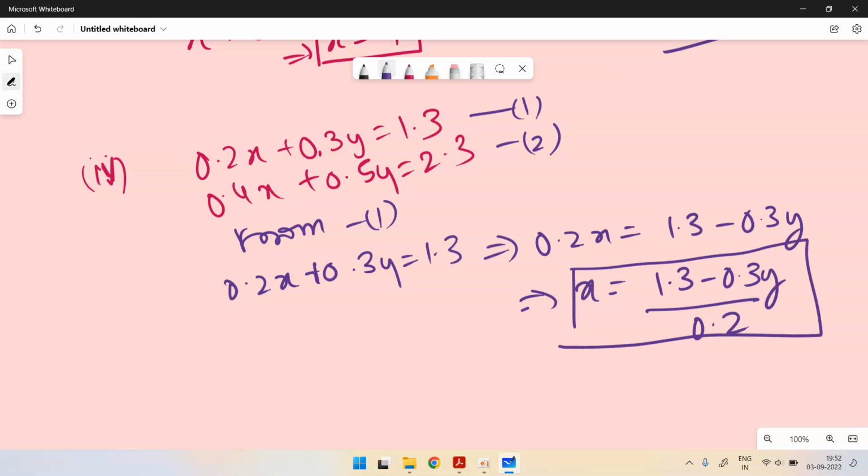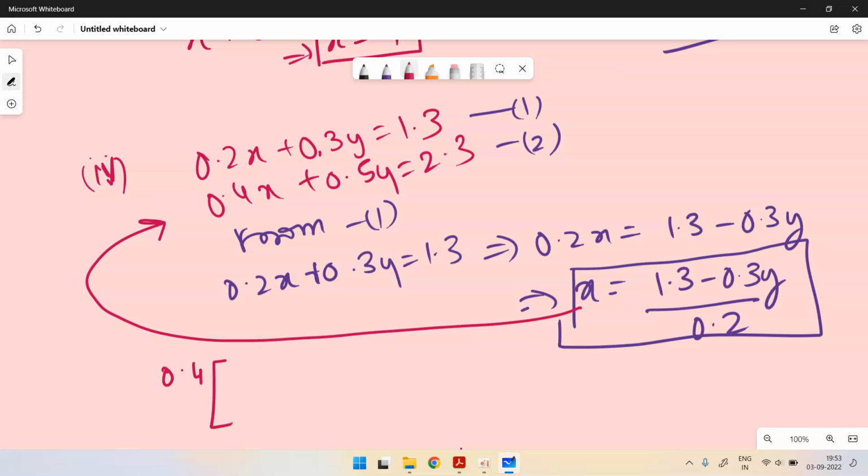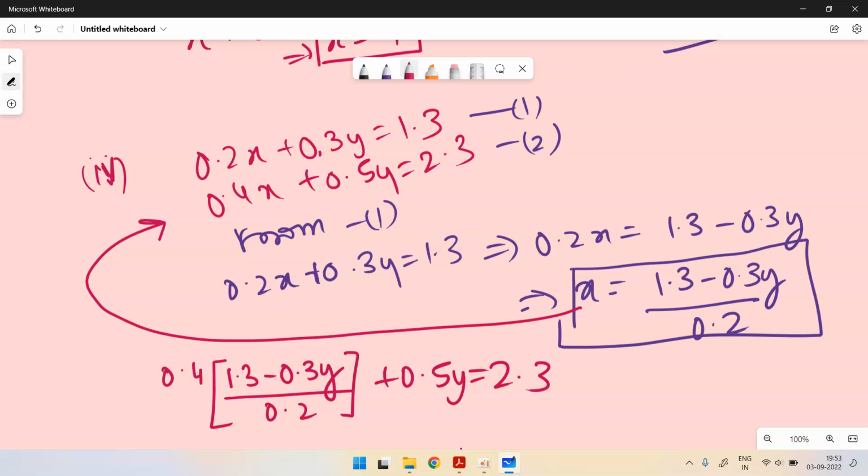This is the value of x. Now you substitute this value of x in equation 2, that is 0.4 into (1.3 minus 0.3y) by 0.2 plus 0.5y equal to 2.3.